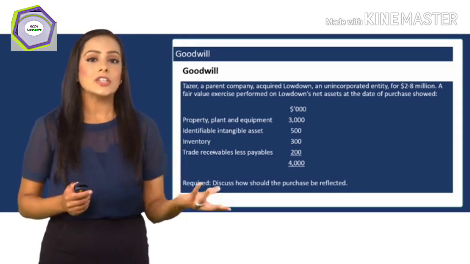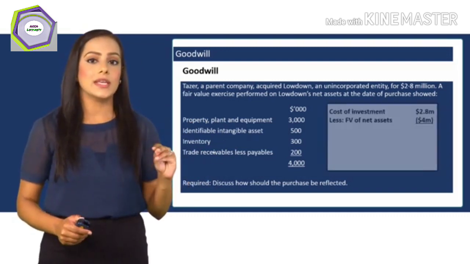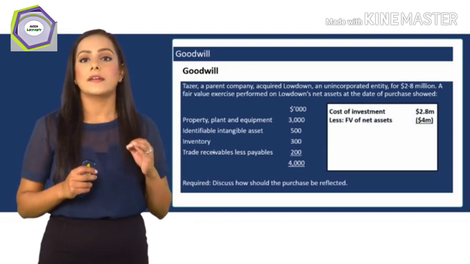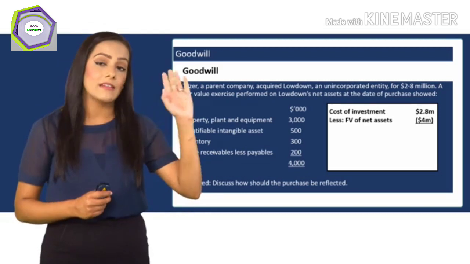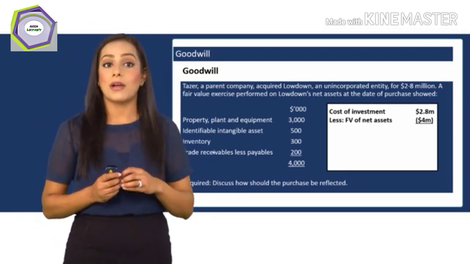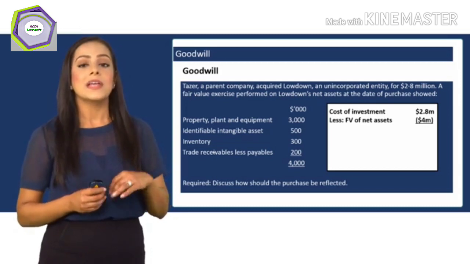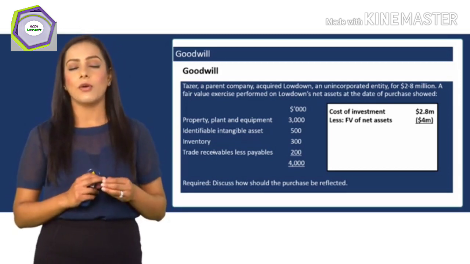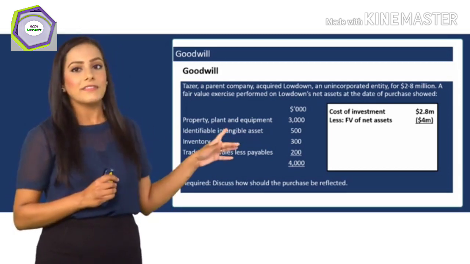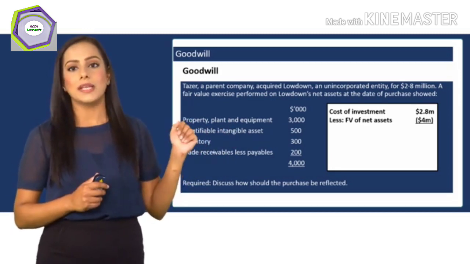Well, we need to find out what the goodwill is. The goodwill is going to be calculated as the investment at cost, how much the parent bought the subsidiary for, it was 2.8 million, and you take away the fair value of the net assets. The fair value of the net assets is 4 million.